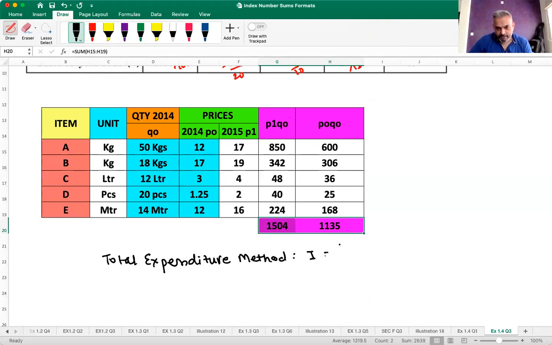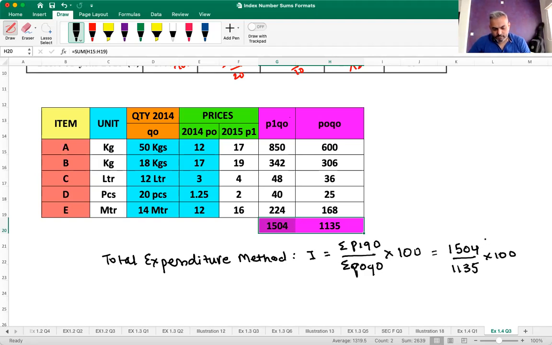That is I is equal to sigma P1 Q0 upon sigma P0 Q0 into 100, which is equal to 1504 upon 1135 into 100, which is equal to 132.51.